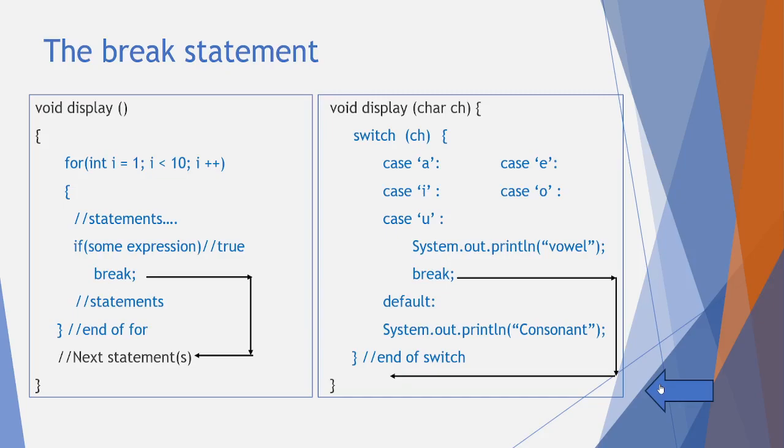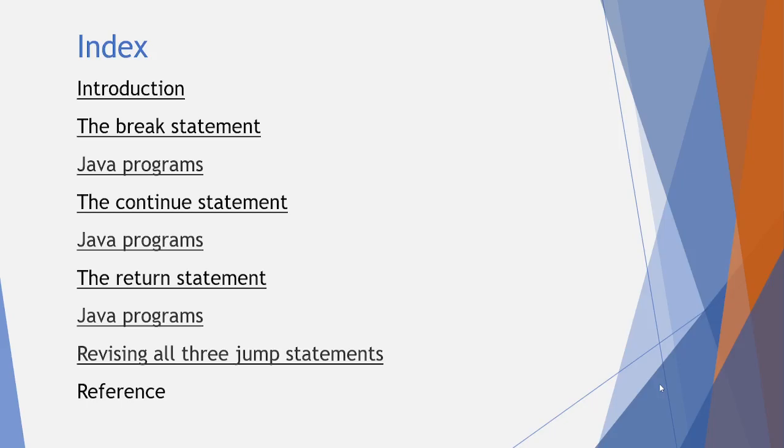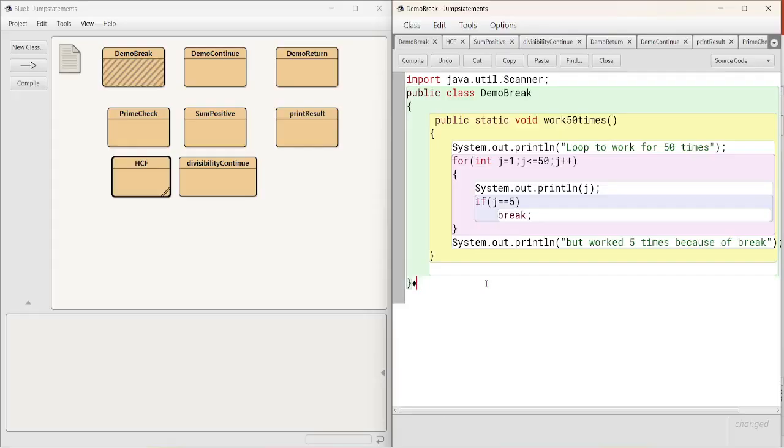In the second example, switch case, which we have already seen, break means send the control out of the switch case. Now let's see some Java programs. Let's understand the contents of the demo break class, in which there is one static method and one simple statement displaying a message, loop to work for 50 times.